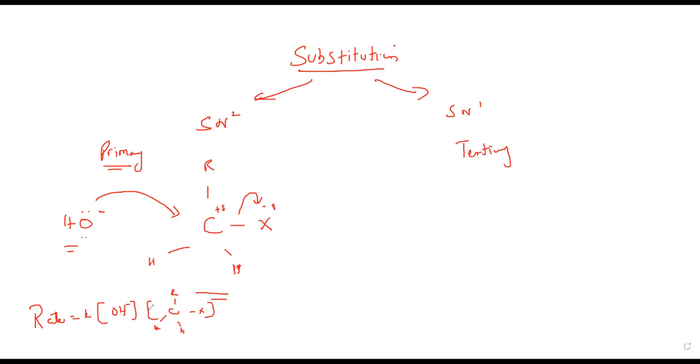Yes, halogen alkane should be there as well as the OH group. So the greater the concentration of both reactant molecules, the greater the rate of reaction.